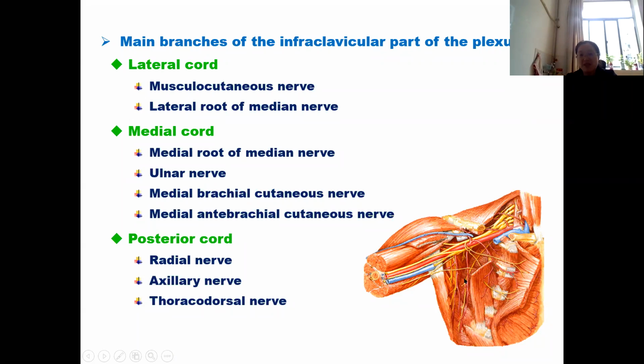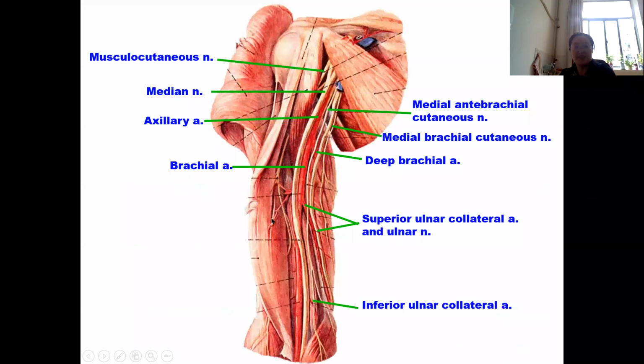And the posterior cord gives the axillary nerve and the radial nerve. So we ask you to know the musculocutaneous nerve, median nerve, ulnar nerve, radial nerve, and axillary nerve. This nerve is the thoracodorsal nerve. These are very important; we ask you to remember them. Here the lateral cord gives the musculocutaneous nerve, and both the lateral and medial cords contribute to the median nerve.